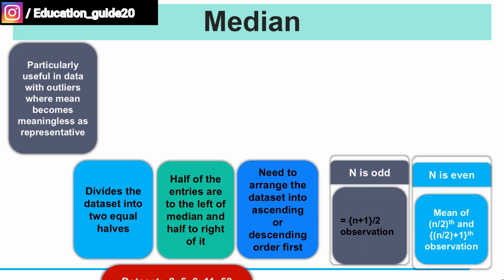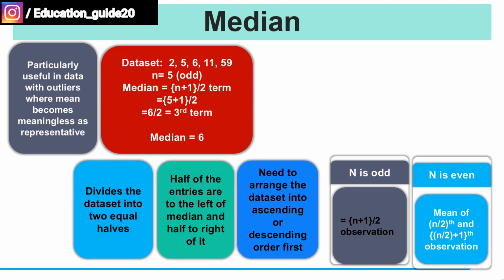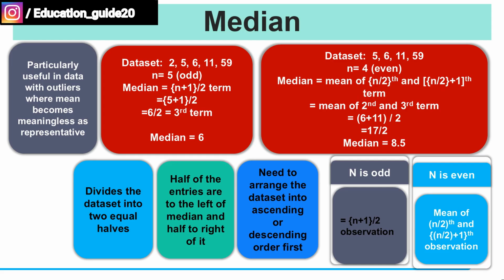In the given data set here, the number of entries is 5. Entries are 2, 5, 6, 11 and 59. So the median will be the n plus 1 divided by 2 term. That means 5 plus 1 divided by 2, that is 6 by 2, that is the third term when it is arranged in ascending or descending order.